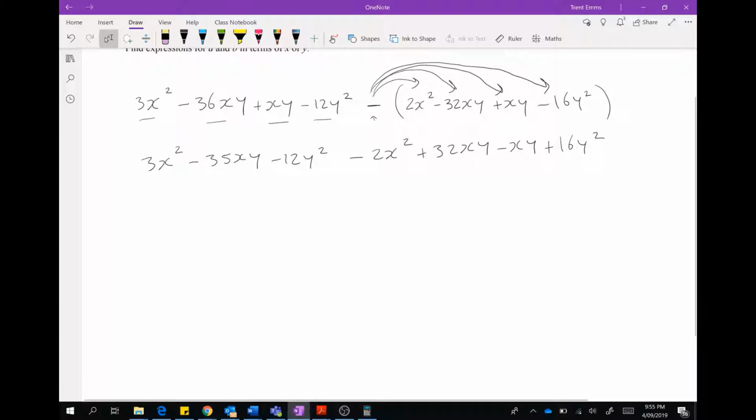Right, now we're going to look to simplify down again. So we'll go with our x squares first. We've got 3x squared here, take away 2x squared, which will give us just x squared, and I just tick things so I know what I've done and what I've got left to do.